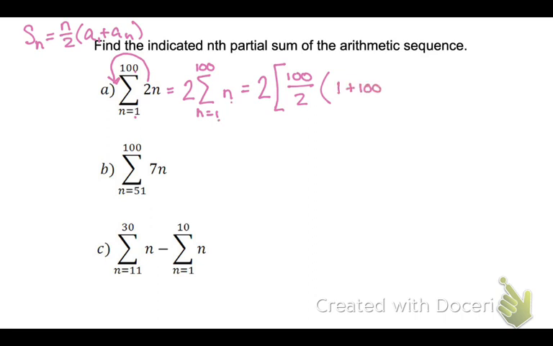Plus 100. So 2 times 50 would be, well, actually just do that, right? Reduce the 2's. So I get 100. So you get 100 times 101. So 10,100.